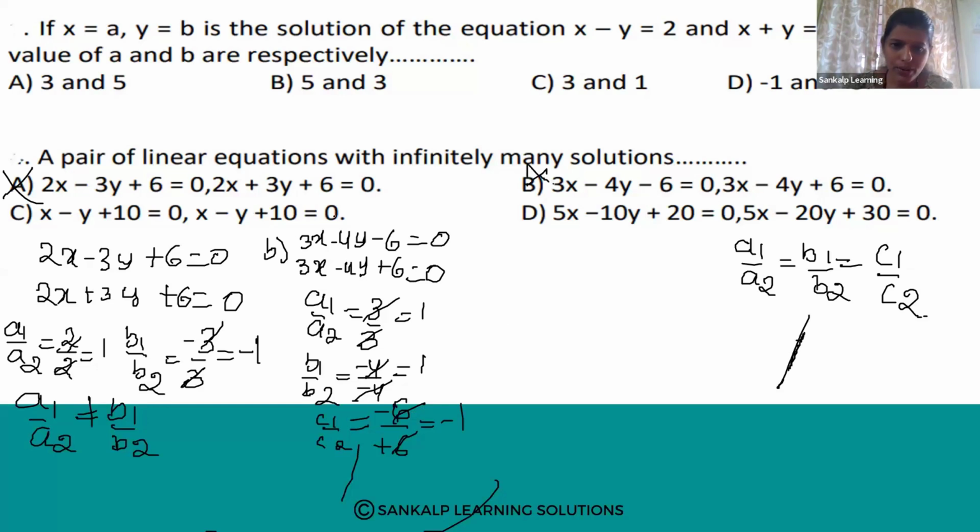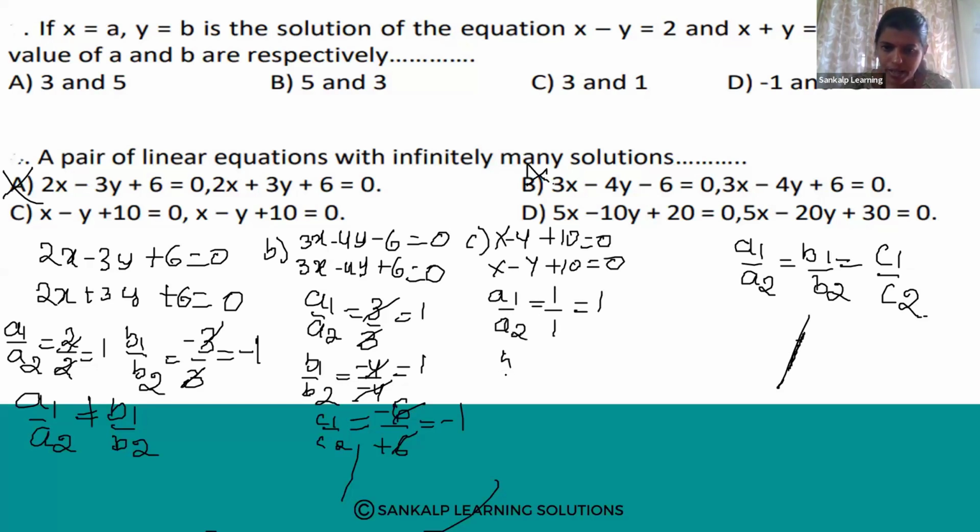Next, x minus y plus 10 equal to 0 and x minus y plus 10 equal to 0. Okay. Check A1 divided by A2: 1 divided by 1, this is 1. B1 divided by B2, that is minus 1 divided by minus 1. See here, minus y is there, so nothing written means the coefficient of y is 1. Here it is minus 1.